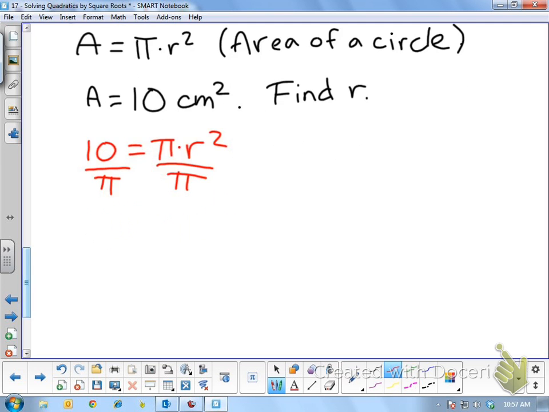Now on this one, if I did 10 divided by pi, I'd get a really weird answer. So I'm just going to leave it as 10 over pi. I'm going to leave it as a fraction, which is okay. And then we still have to get rid of squared. So how do we get rid of squared? Square root.